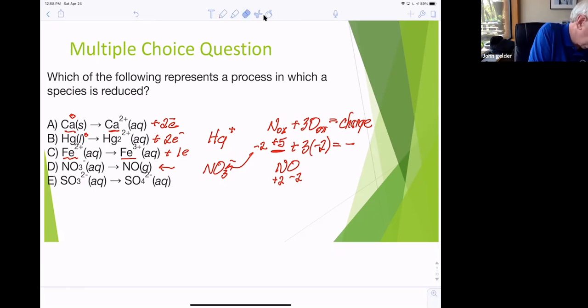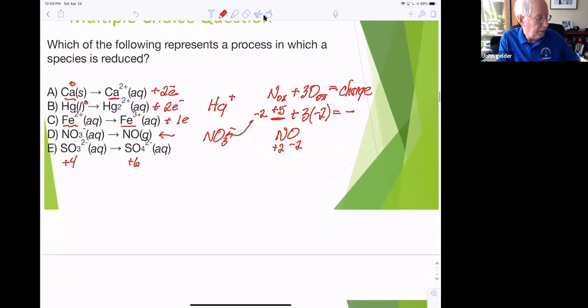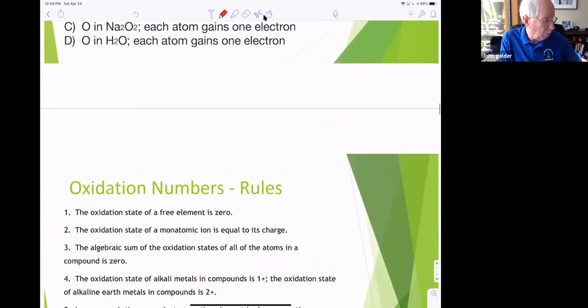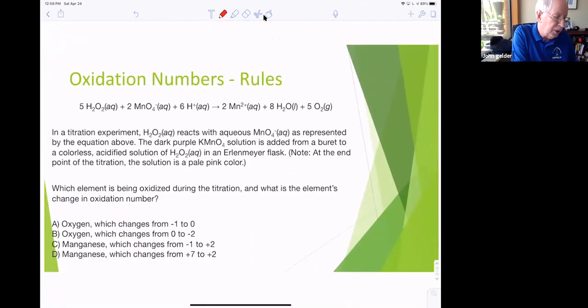Go up and get rid of that. And it's a +4 and a +6. So again, a gain in oxidation number is indicative of oxidation. So maybe you remember the rules for oxidation numbers. So let's look at this multiple choice question.